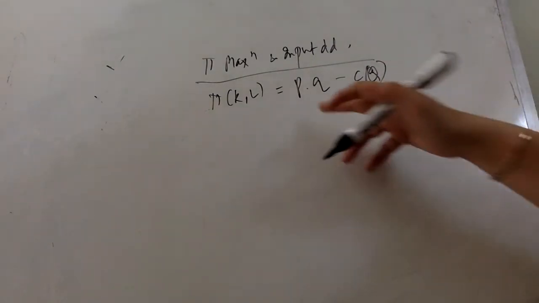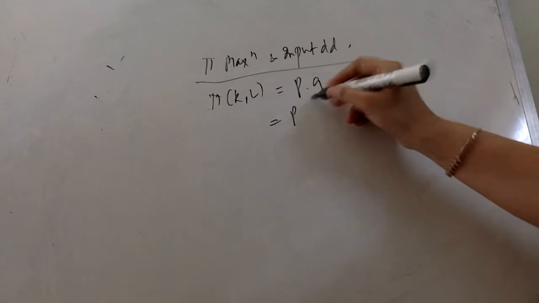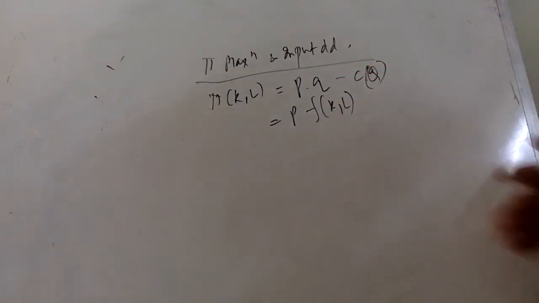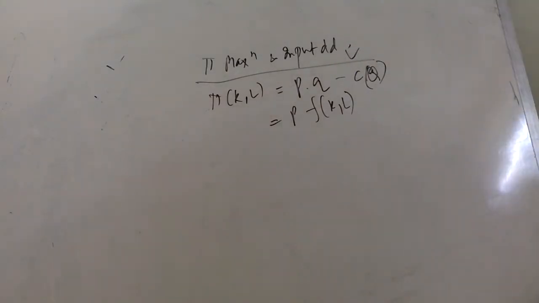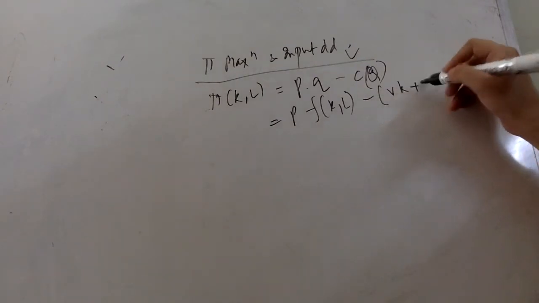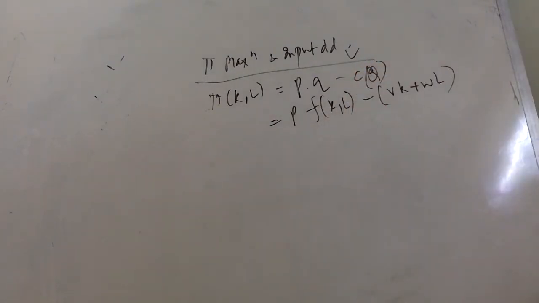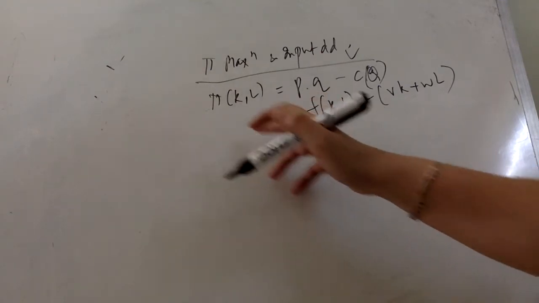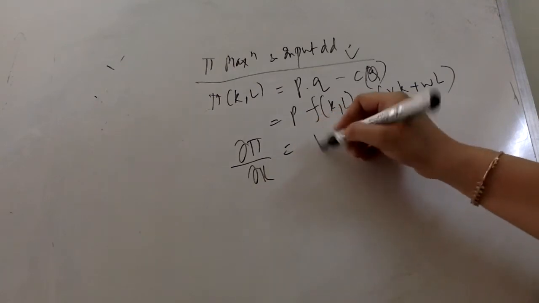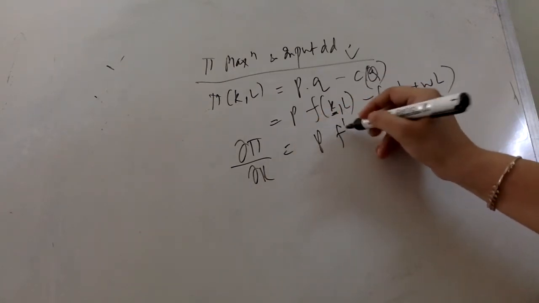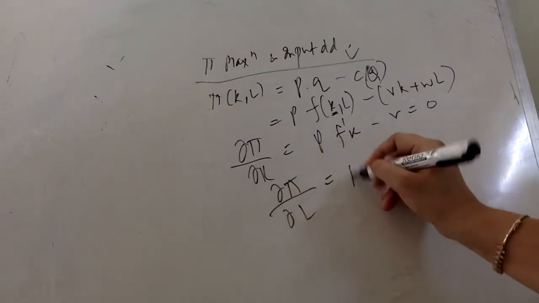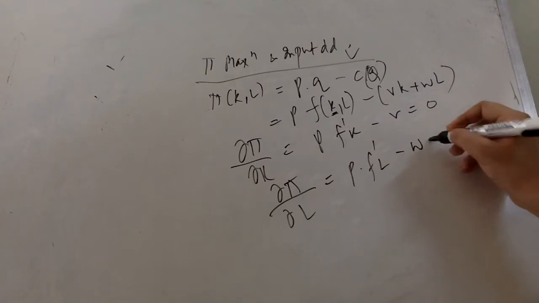Now I am writing it in terms of input demand, so output can be written as a function of K and L, minus the cost function VK plus WL. Next, I maximize profit with respect to K, and we get P times F'K minus V equals 0. Differentiating profit with respect to labor, we get P times F'L minus W equals 0.